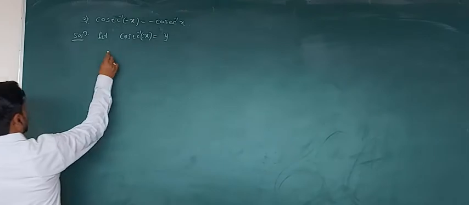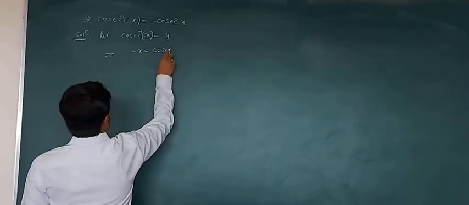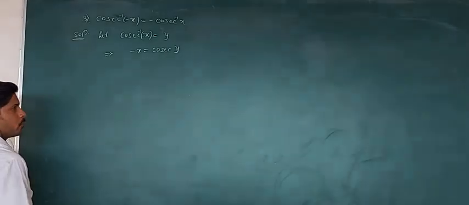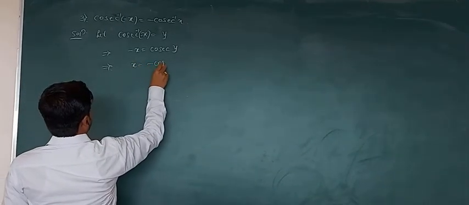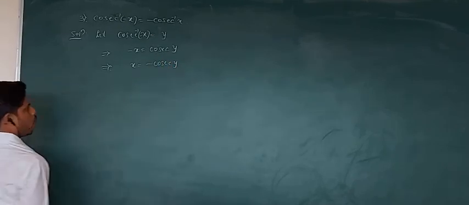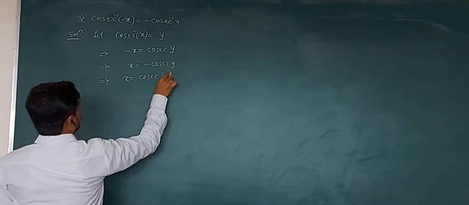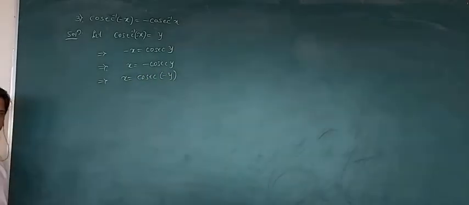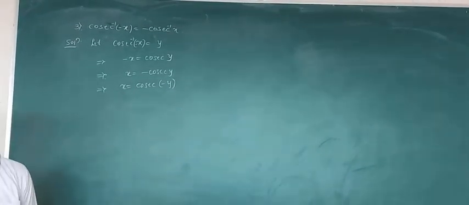So this can also be written as minus x equal to cosec y. Multiplying both sides by minus 1, we get x equal to minus cosec y. This can also be written as x equal to cosec of minus y, because we know that minus cosec theta equal to cosec of minus theta.